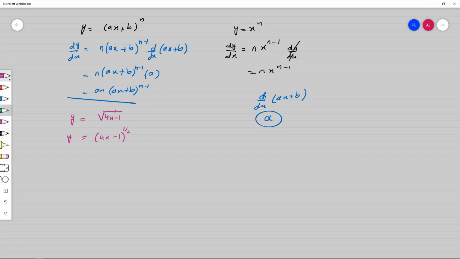Now differentiate it with respect to x, d by dx of (4x minus 1) whole power 1 by 2.